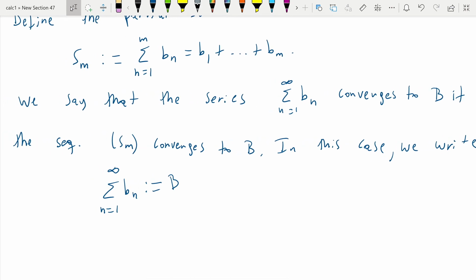So we're giving a proper meaning to this expression, and only when we actually can give it a proper meaning, that is, when the partial sums converge. And if the limit is b, then we assign to this expression on the left the number b, which is the limit of the partial sums.